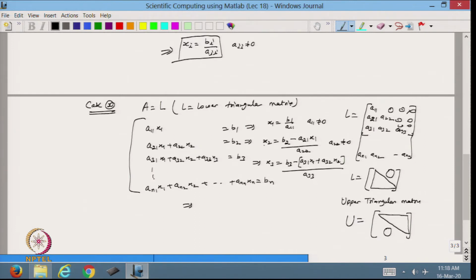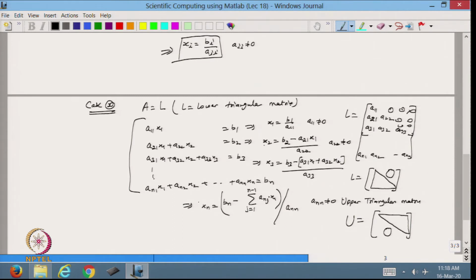The last one, xn, can be written as Bn minus the summation of Anj xj, with j from 1 to n minus 1, divided by Ann, provided Ann is not equal to 0.